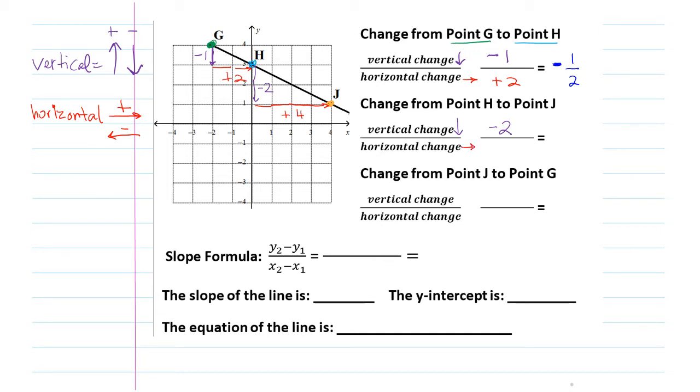So I went to the right, and that's a +4. And a negative divided by a positive is a negative, and 2/4 as a fraction can be simplified to 1/2.